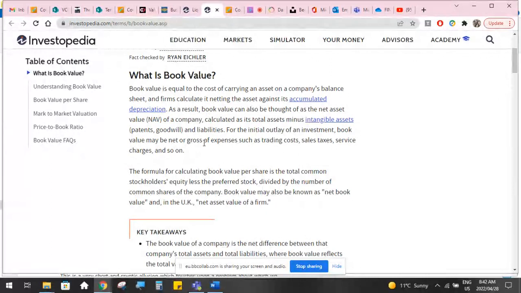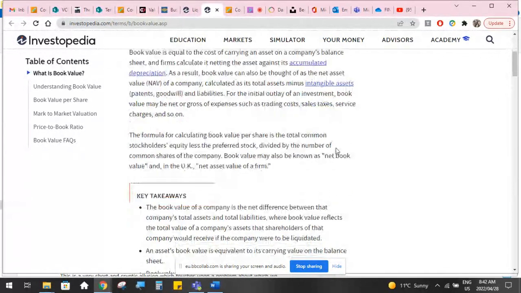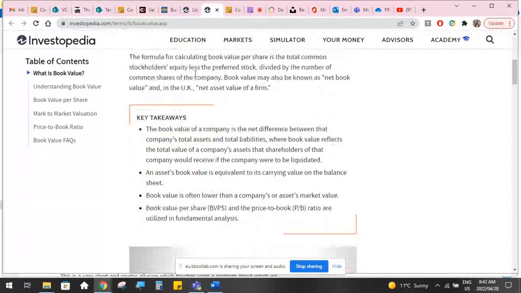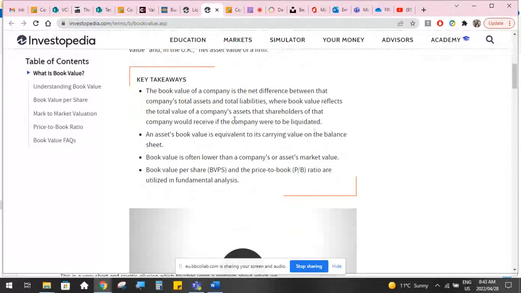So total asset value, and then we get the net asset value divided by the number of common shares of the company, and we then calculate the share valuation. So the book value of the company is the net difference between that company's total assets minus the total liabilities.